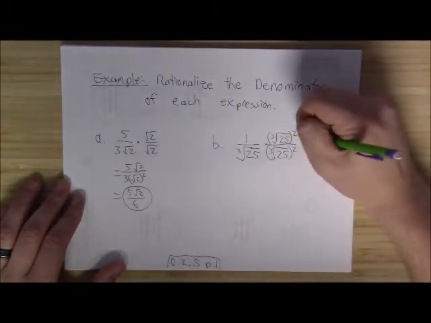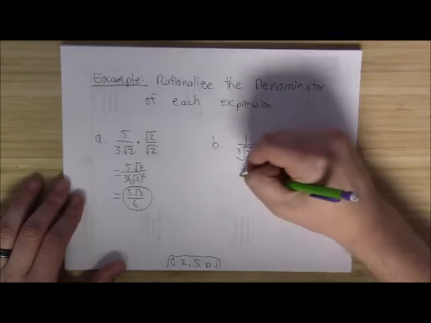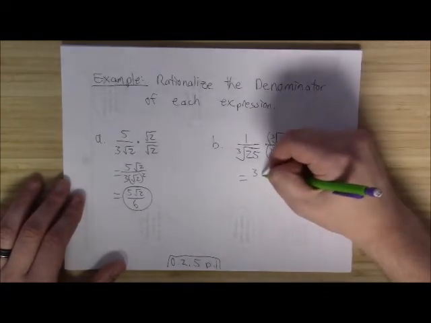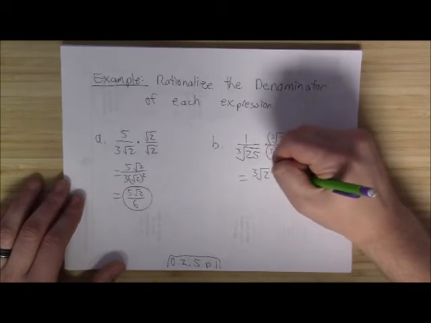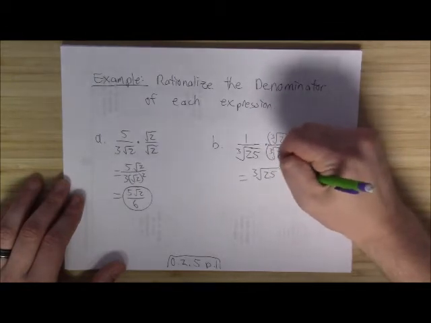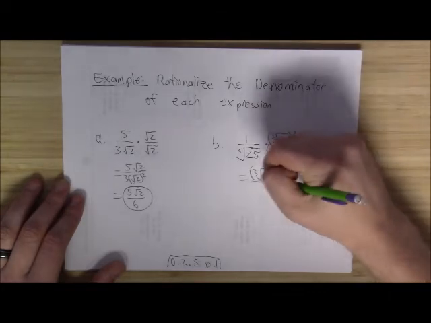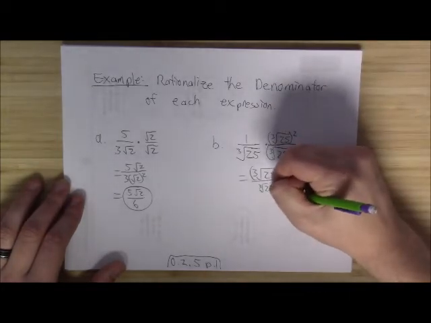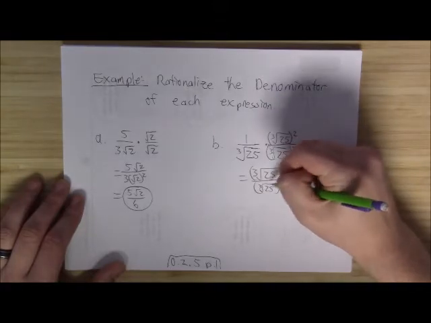In the top, that gives us the cube root of 25 squared over the cube root of 25 cubed.